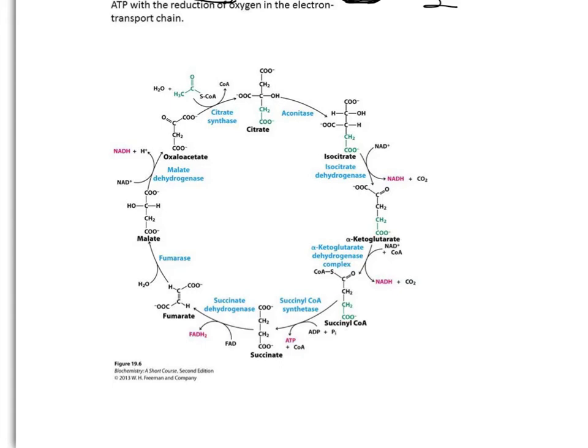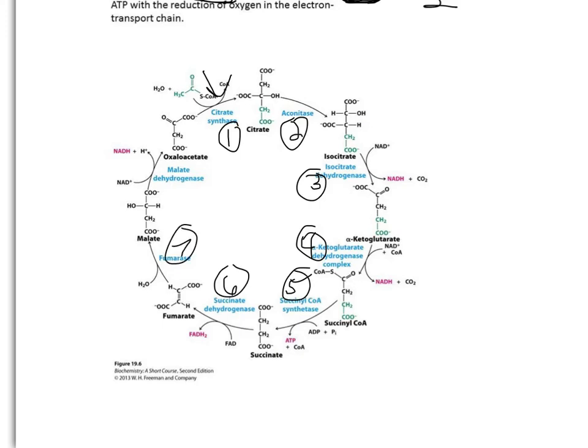So here it is. Here's the whole thing put together. The entry point is right here. So here's reaction 1, 2, 3, 4, 5, 6, 7, 8. So there's 8 reactions in the Krebs cycle. Citrate synthase forming citrate. Then citrate gets converted to isocitrate using aconitase.